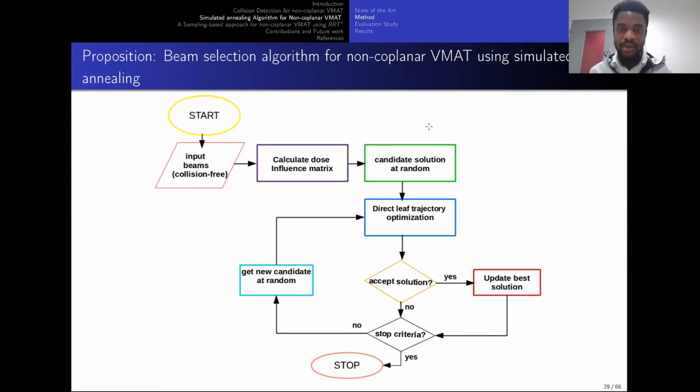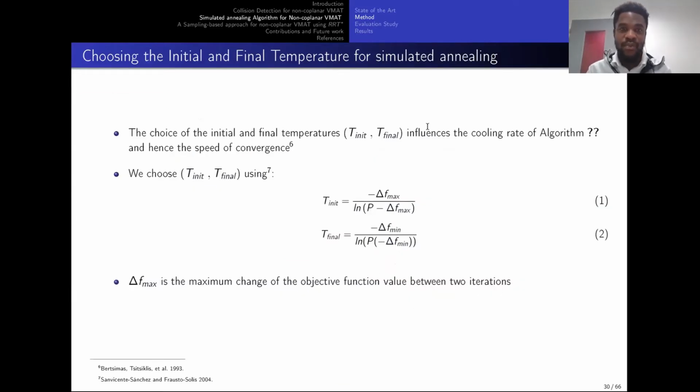And here, because it's a simulated annealing algorithm, our stopping criterion is the cooling temperature. For the cooling, we have to select an initial and a final temperature in order to ensure that we have convergence.